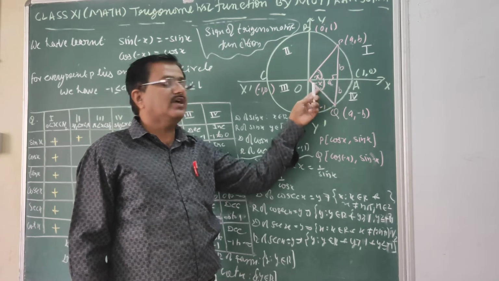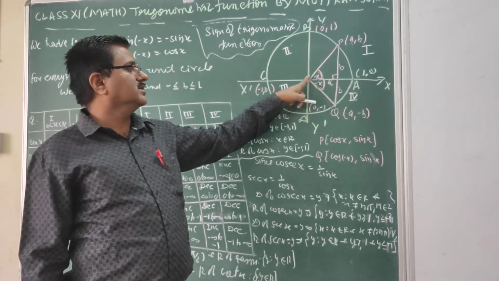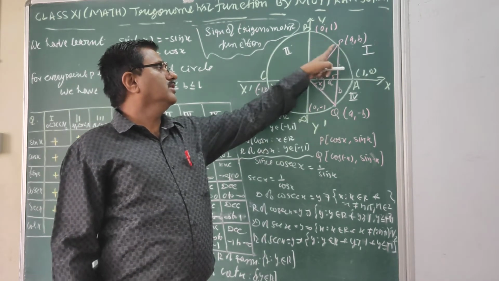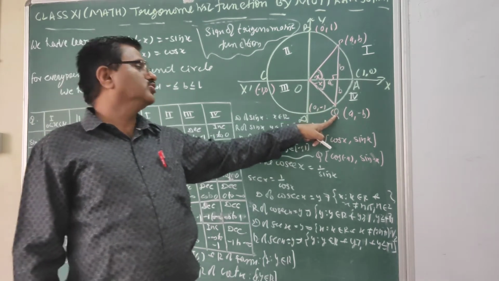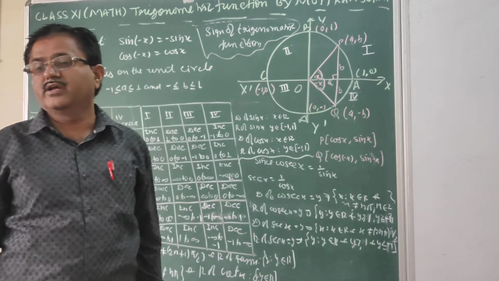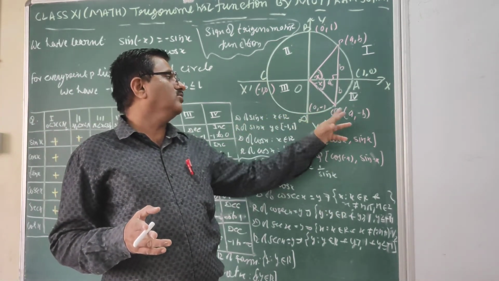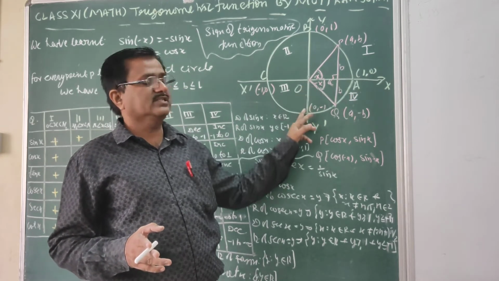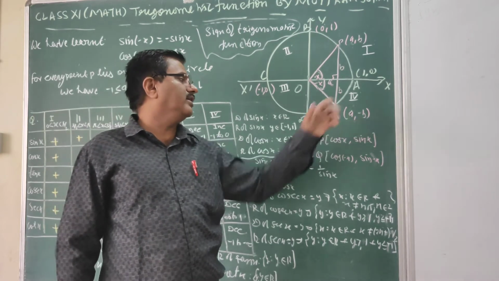As we have already discussed, the radian will be negative, so minus x, and this point is at Q. Because it lies in the fourth quadrant, where x is positive and y is negative, Q has coordinates a and minus b.